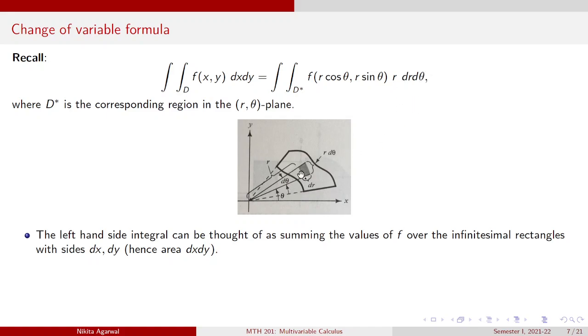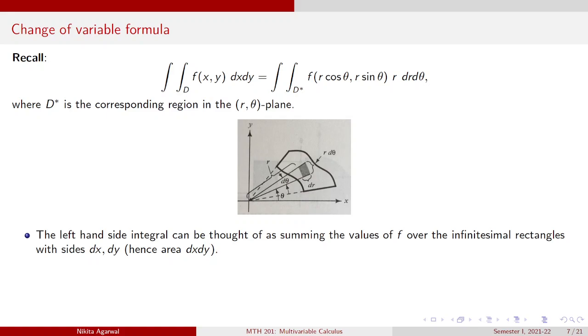So what happens is this rectangle, shaded rectangle, is the image of the infinitesimal rectangle that you have in the rectangular coordinates, right? So the left hand side integral can be thought of as summing the values of f over infinitesimal rectangles with sides dx dy and therefore the area is dx times dy. Right? So if you remember double integral, we had divided our rectangular region into smaller regions and then added up the integral.